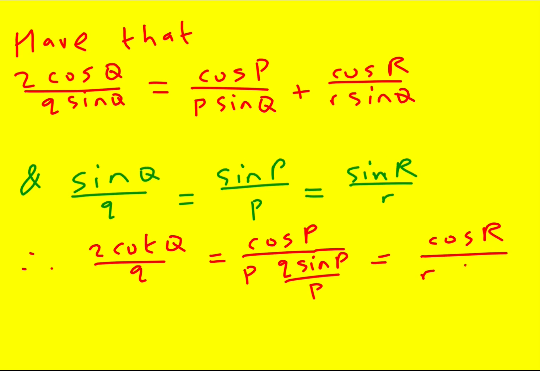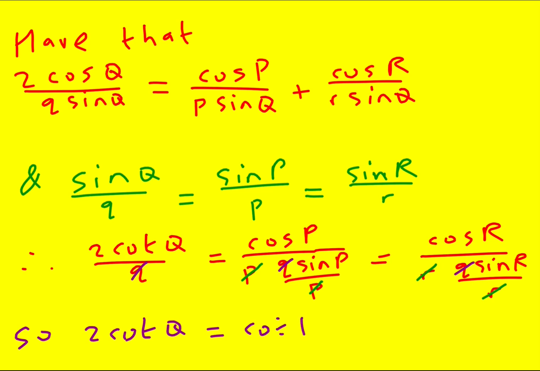It's going to be q sine r over r. This is going to cancel, and this is going to cancel. And then these q's are all going to cancel out. So 2 cot Q equals cot P plus cot R, as required.